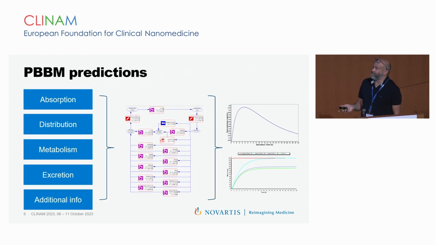So how is all this incorporated into the model? We put all the data for absorption, distribution, metabolism, and excretion into the model with the additional information and feed it into a tissue-based model, which is represented in the middle. What we aim to get is a predicted PK profile for the drug product, indicated by the top graph. On the bottom, we get information on various items.